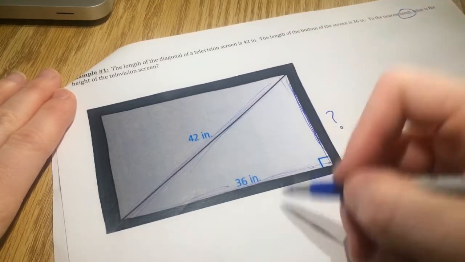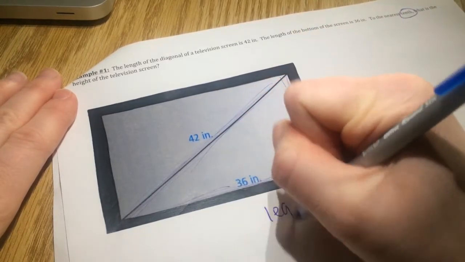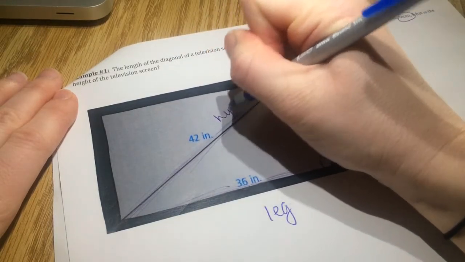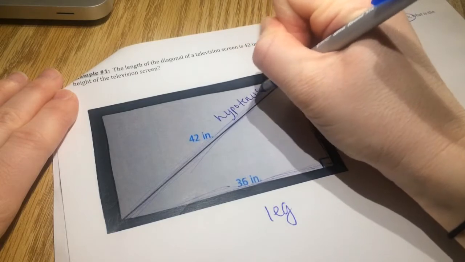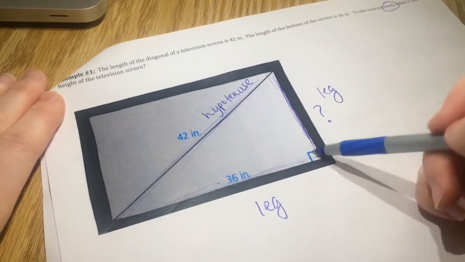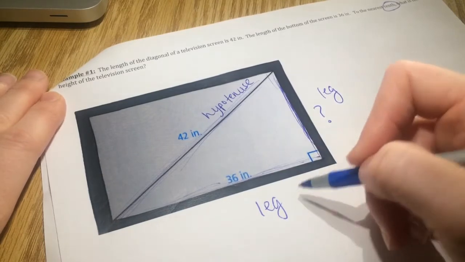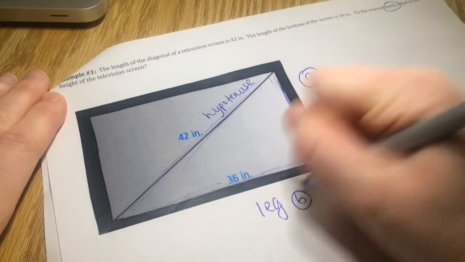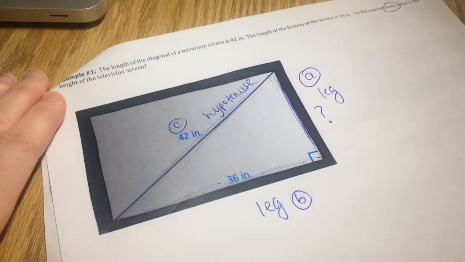We know that this is a leg, and the hypotenuse is opposite the right angle. So let's label this leg A, this side B, and the hypotenuse C. The hypotenuse always has to be C.